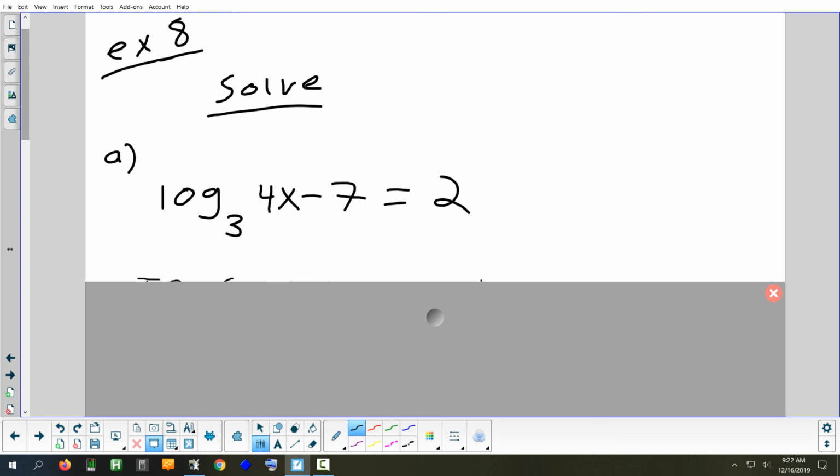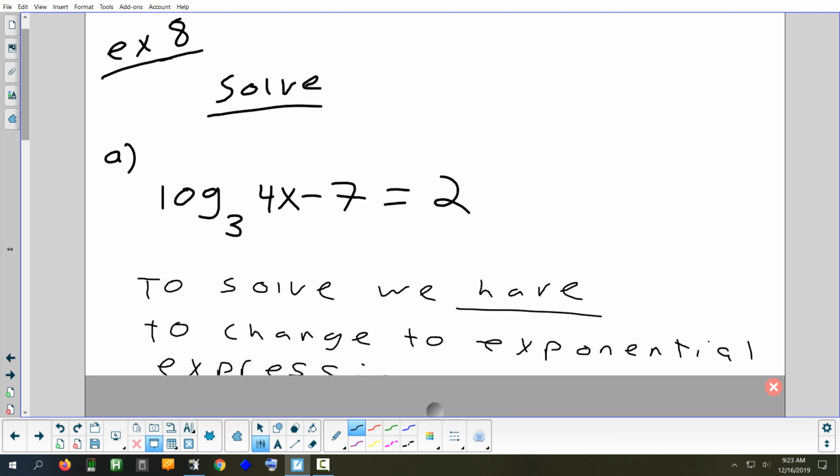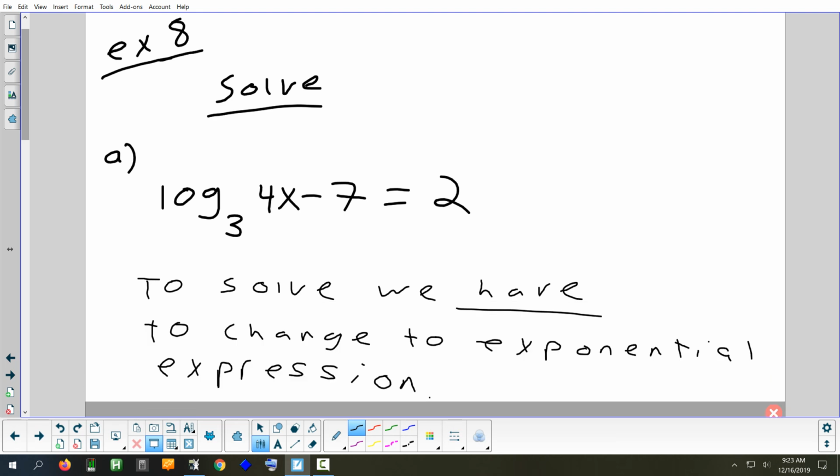Alyssa, if you're looking at that equation, is that log or is that exponential? That's log. Got the word log. So what we're going to do is change it to exponential. Don't get confused because it looks like there's more stuff. There's only really three things there: the base, all of that is the argument, and that's the number on the other side.